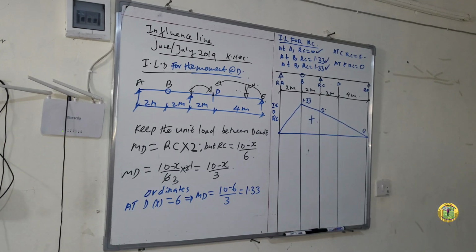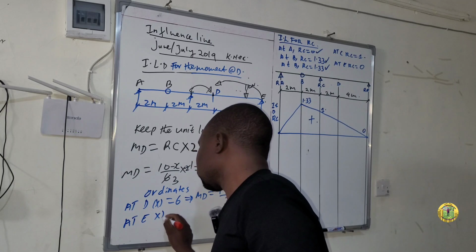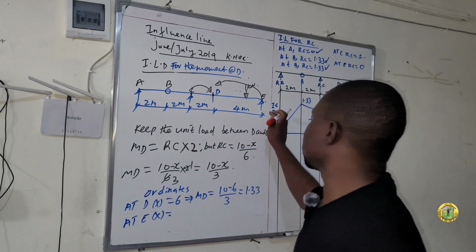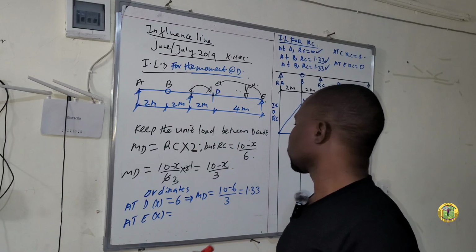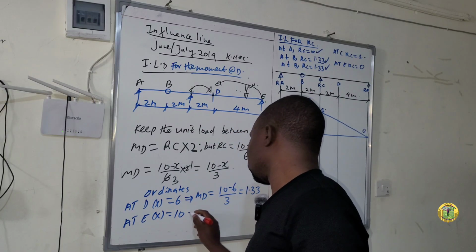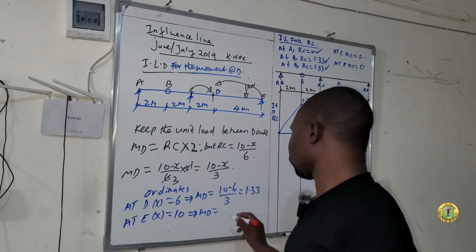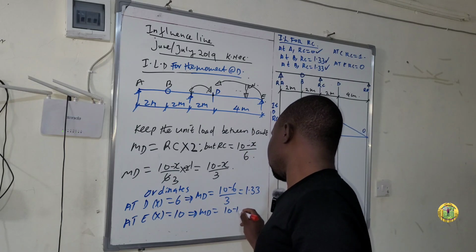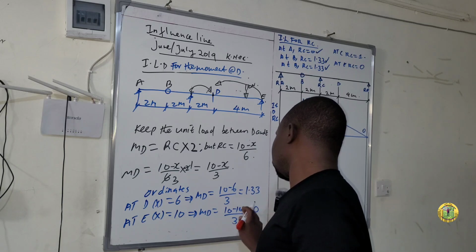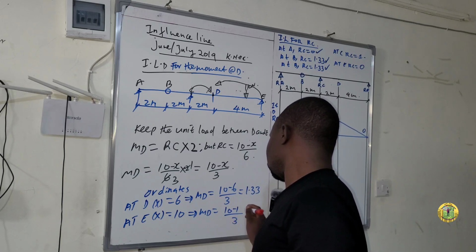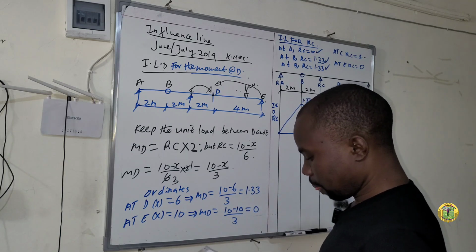At E, X is equal to 2 plus 2 plus 2 plus 2, so this is 10, which implies MD is equal to 10 minus 10 all over 3. So this one is equal to 0.